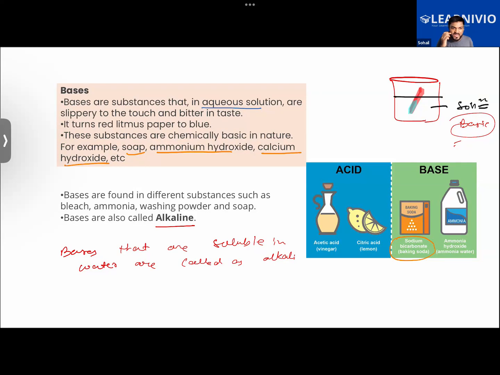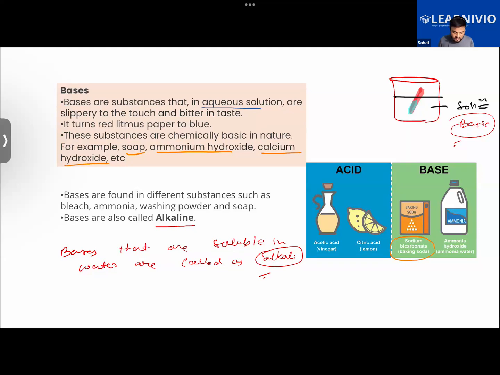Basically, it will change the color of red litmus paper to blue. If I dip a red litmus paper into it, the color will change to blue. So that is another test to check whether it's a basic substance or not. And there are some bases which are soluble in water, while there are some which are not. The ones that are soluble in water are called alkali.